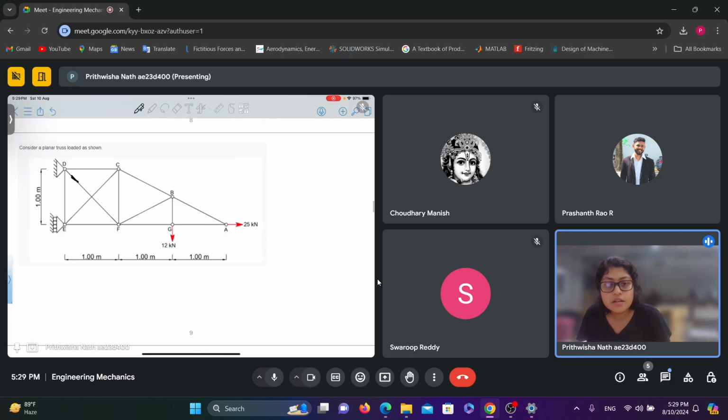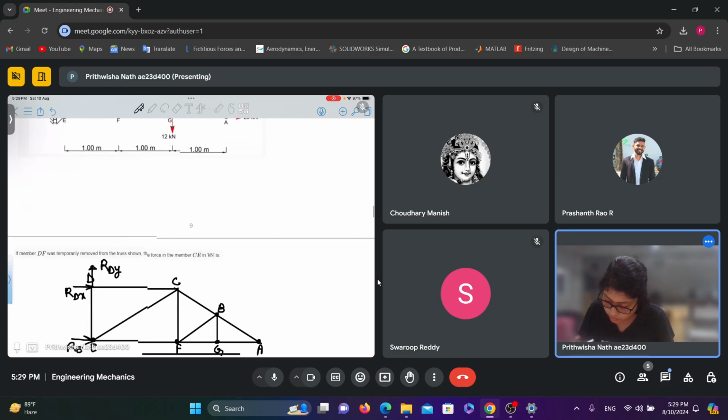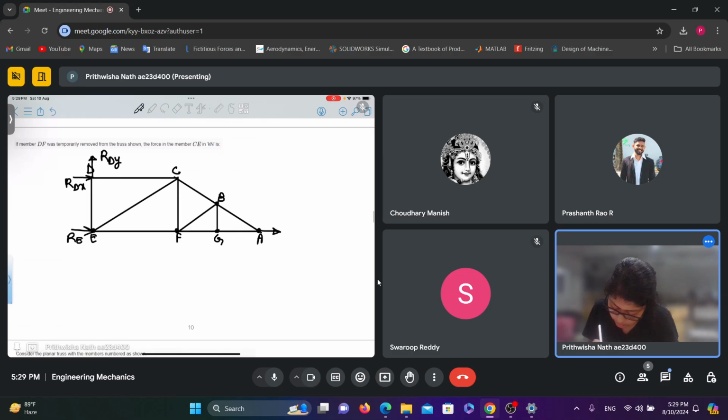And at A there is a roller support. So this is the reaction at E. 25 kilonewton is acting at A and 12 kilonewton is acting at G.